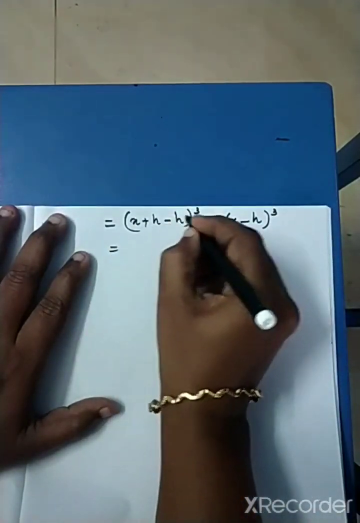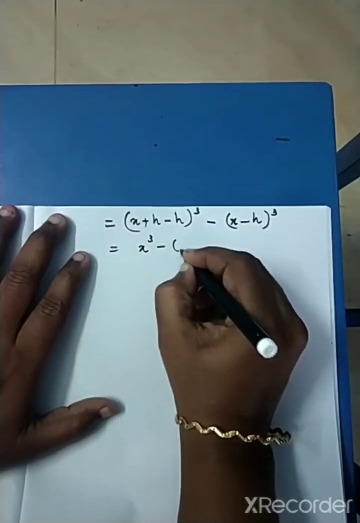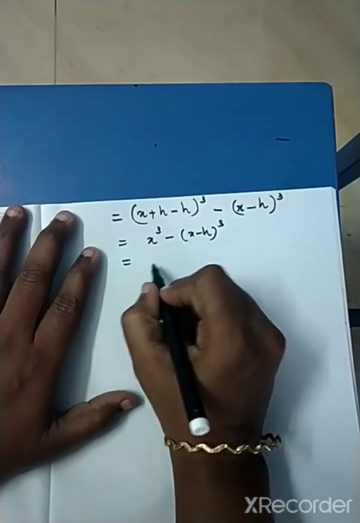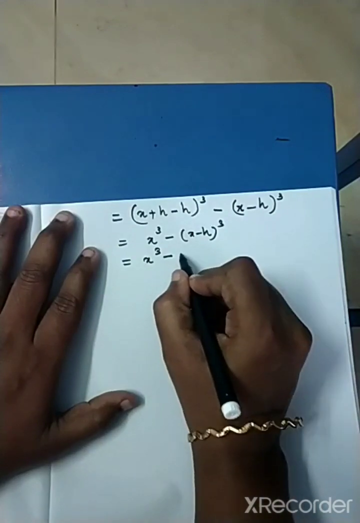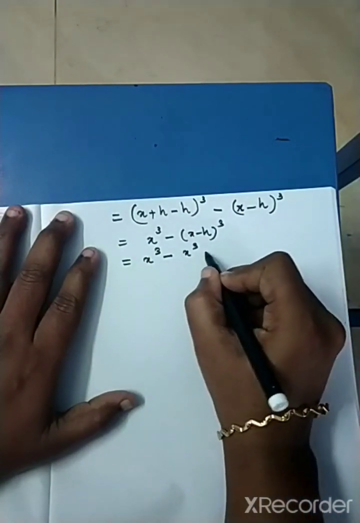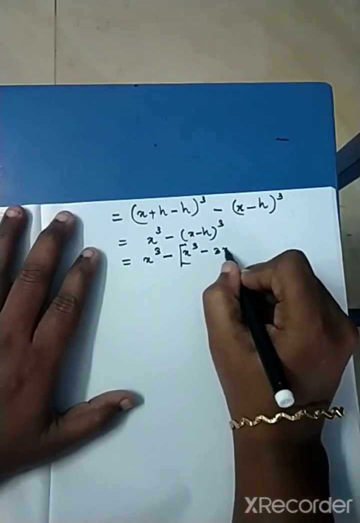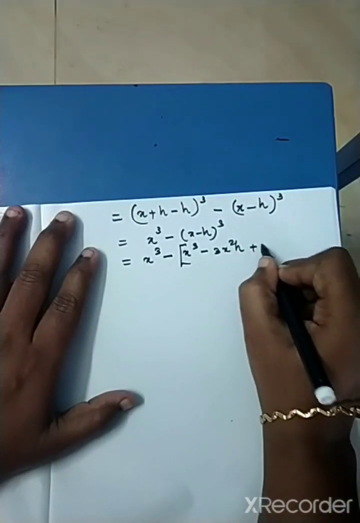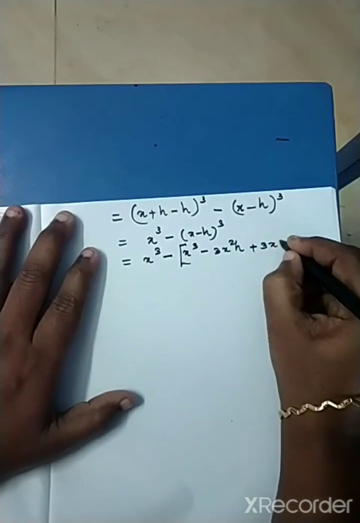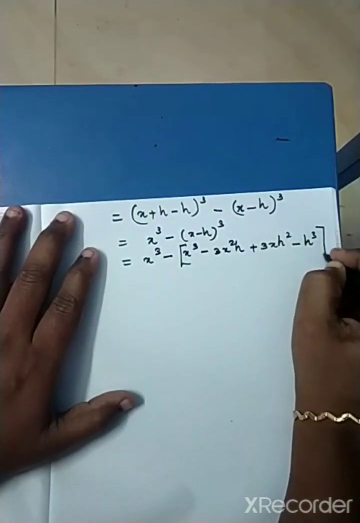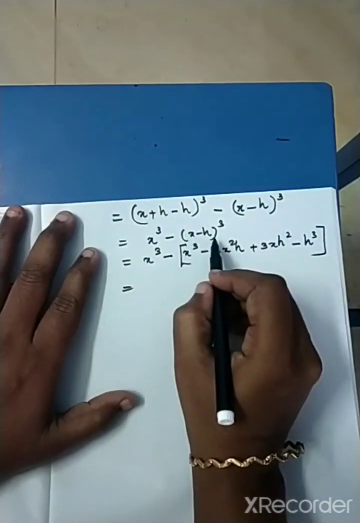So this h and this gets cancelled as x cubed minus x minus h the whole cube, which is equal to x cube minus x cube, I can say minus 3x squared h plus 3xh squared minus h cube. I am expanding using a minus b the whole cube.